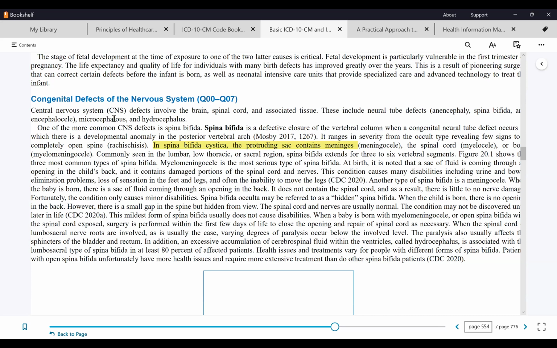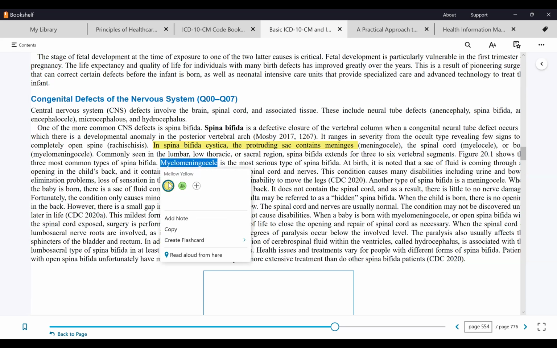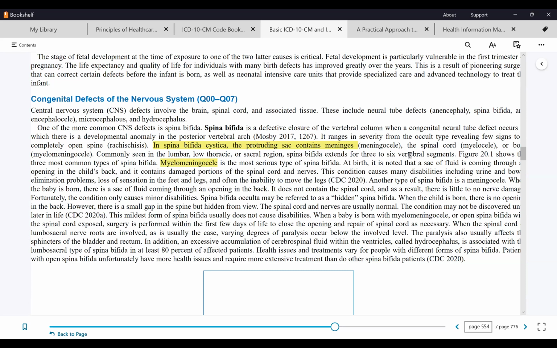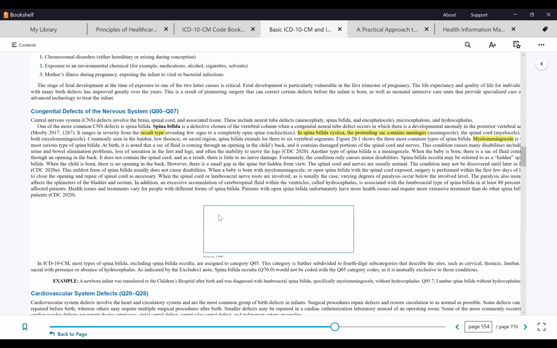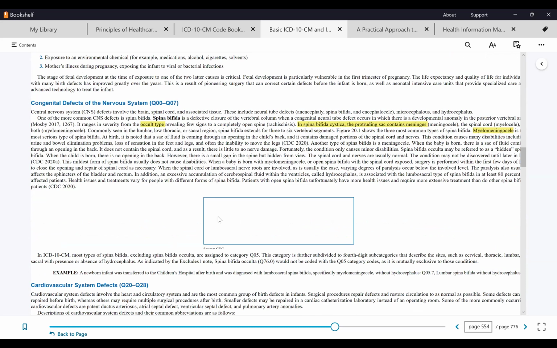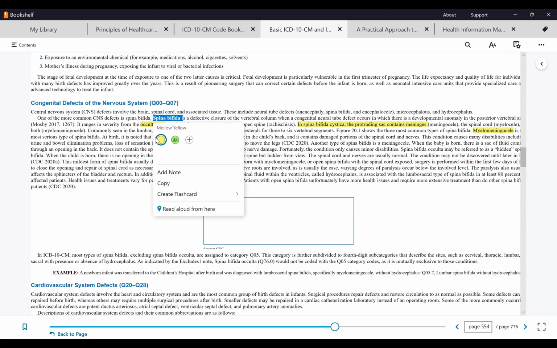And we also have the myelocele, right? More serious. And again, this is all explained a little more clearly in figure 20.1, which unfortunately I don't have at this point. But you can see these types of things very commonly. Again, spina bifida is in fact the main term.